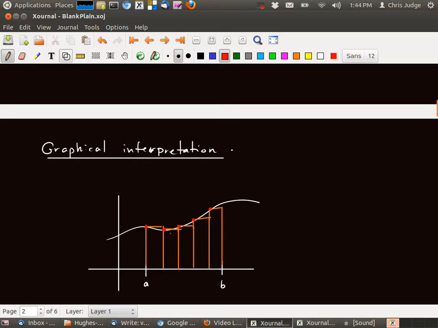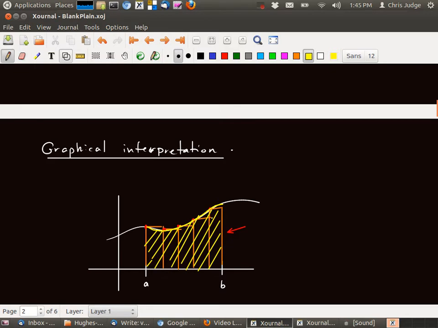Now notice that the area of these rectangles is very close to the area under the curve. So the area under the curve here is given by this. It's this area. And the area under the curve is very close to the total sum of the areas of these rectangles.